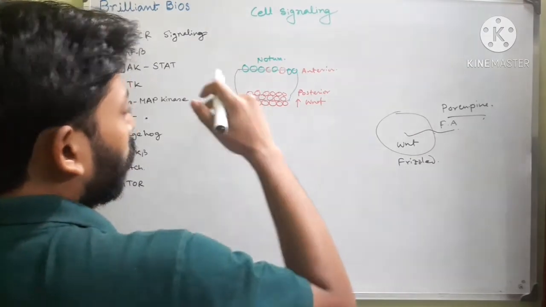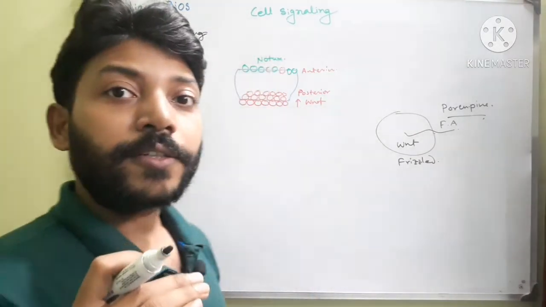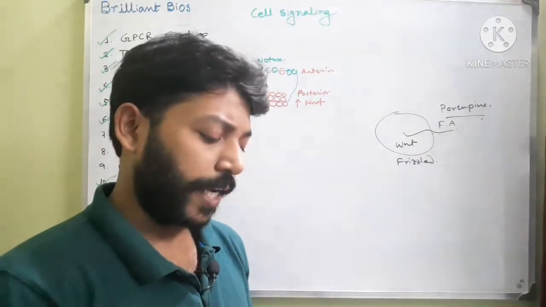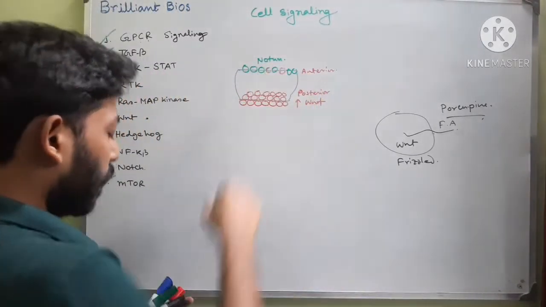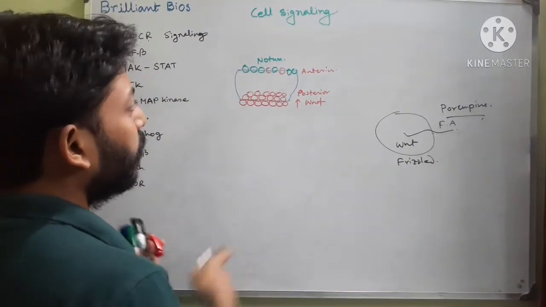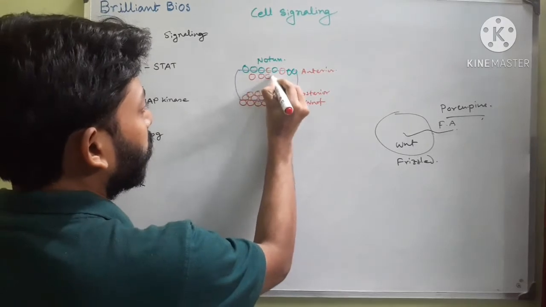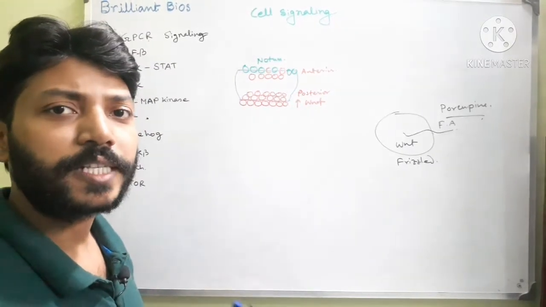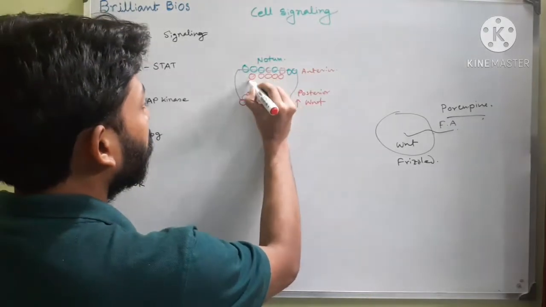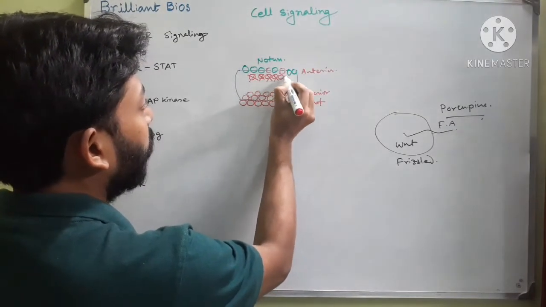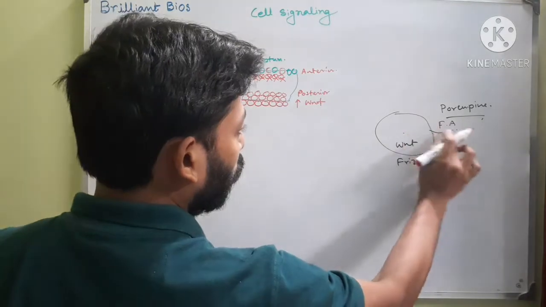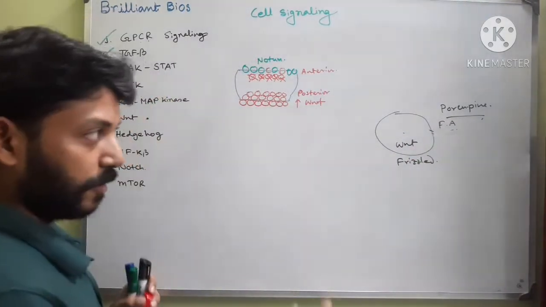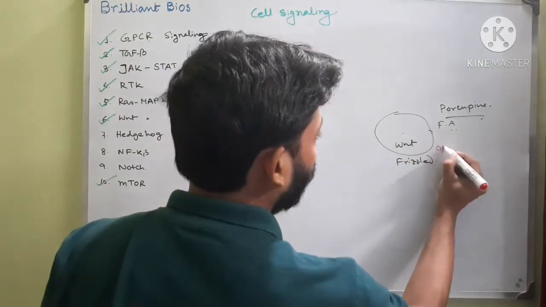So NOTUM inhibits the WNT. That is the simple fact. In this upper segment or anterior segment, maybe WNT proteins are present, but the functionality of this WNT protein is low, because here the WNT protein does not have the fatty acid, as it has been removed.